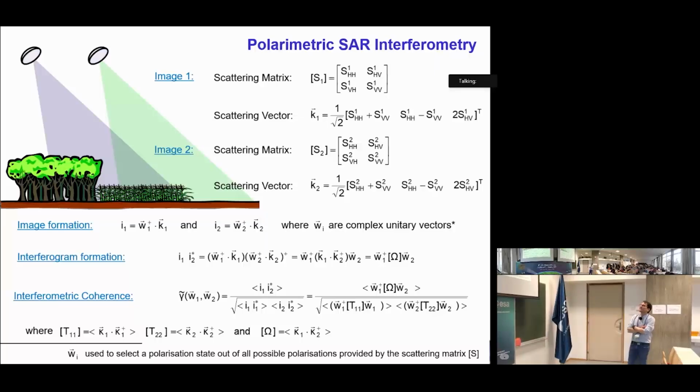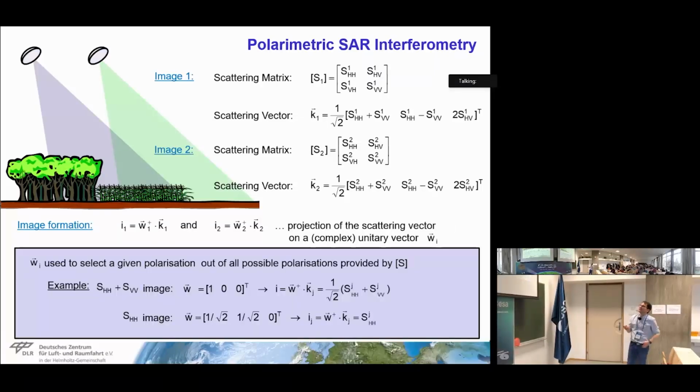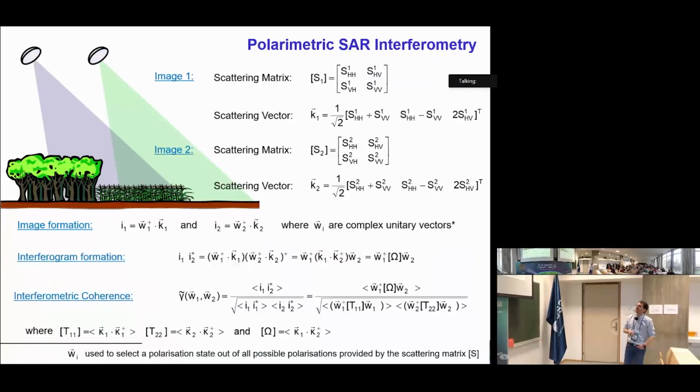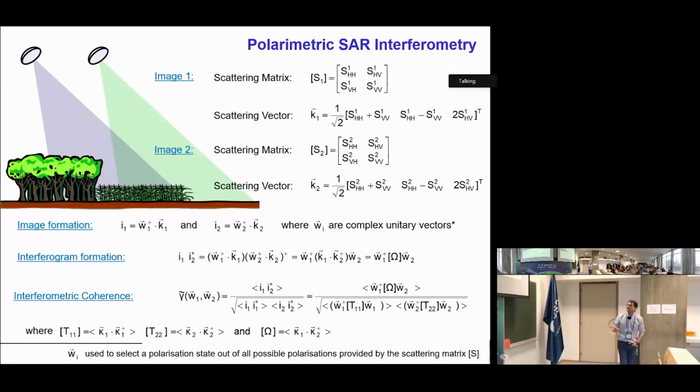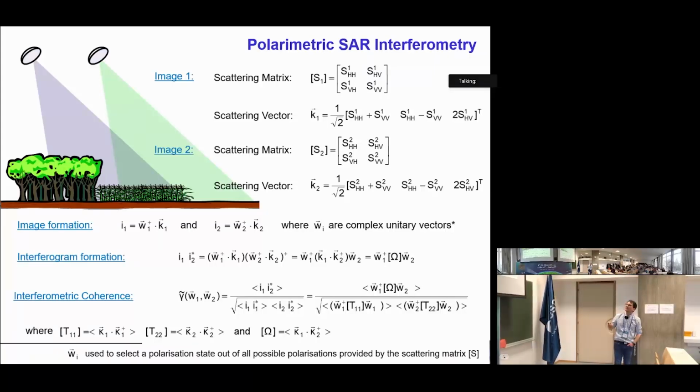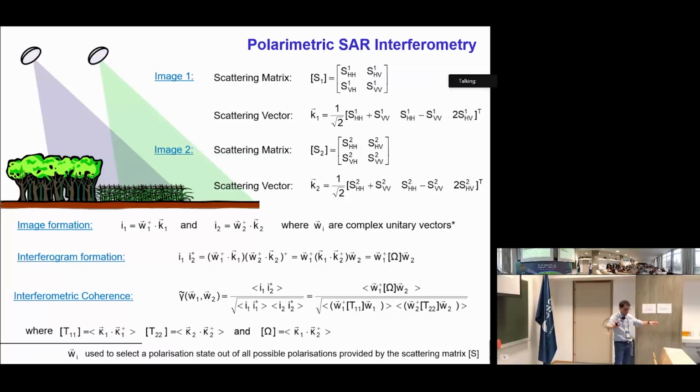You can have the one vector, so this one vector W, for the first and the second acquisition. Then you get new images. In principle, in the most general case, you can also have different W vectors. You don't need to have one W vector for the first acquisition and a W vector for the second acquisition.